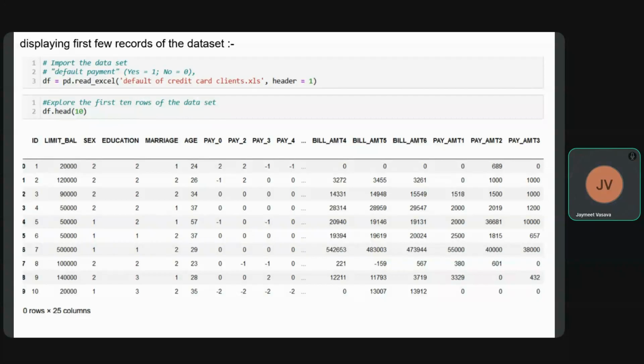So displaying the first 10 records of the dataset, you can see how the values look and how the different columns have different kinds of values.